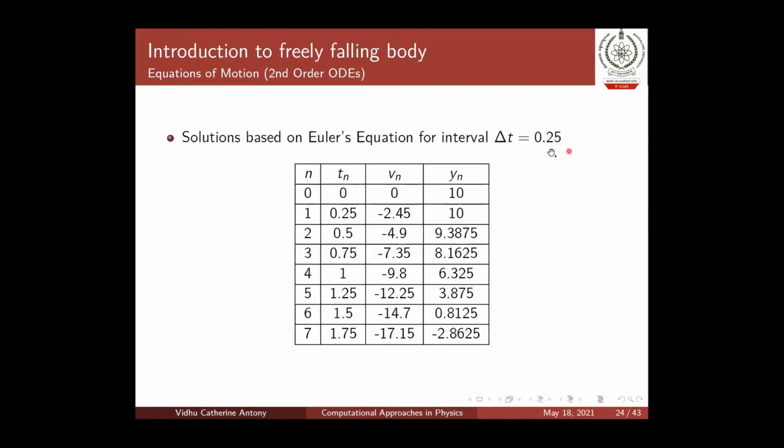Now, let's look at this. This is delta t when I've increased the interval. In the question, they've said do it for different values of delta t. So what do you see when you increase the value? Yes, the first one remains as such, because your initial velocity is 0. You're just dropping the ball. When would it change? It would change when you put a thrust on the ball and throw it upward.